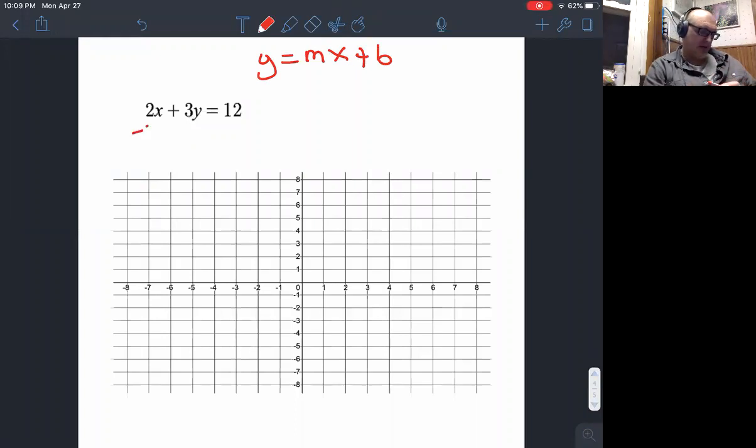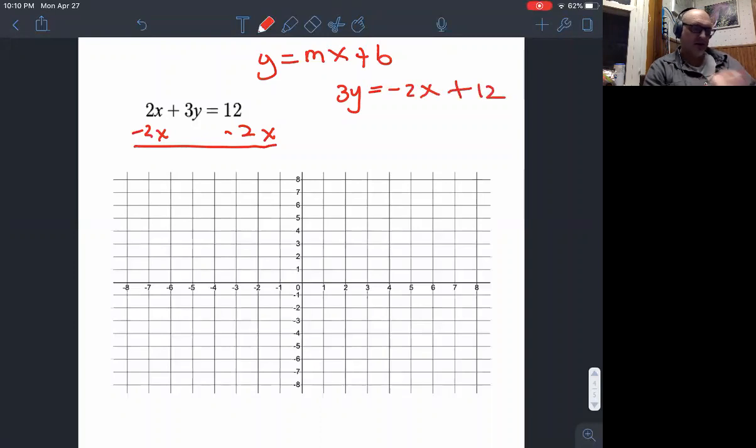That would mean getting rid of the 2x, which leaves me with 3y equals, now I'm going to put the x term first because that's the way it's generally written, negative 2x plus 12. Y is still not by itself. There's a 3 out there. That 3, it's got to go.